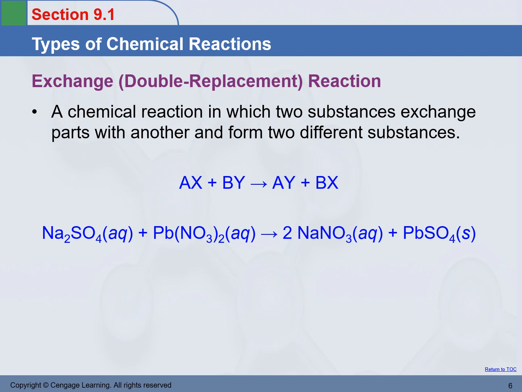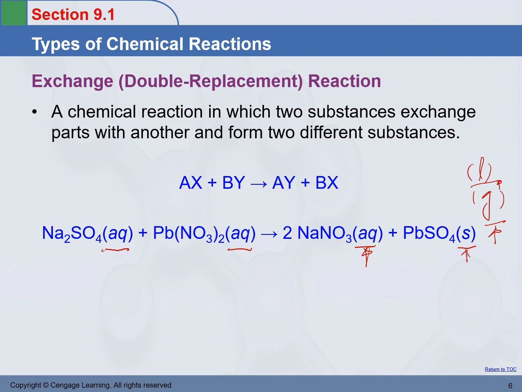Many times when you look at the reactions in this chapter, you may see (aq) in parentheses, (s) in parentheses, sometimes you see (l) in parentheses or (g) in parentheses. Well, l, g, s represent the states of the substance: liquid, gas, solid. (aq) means the reaction is happening in an aqueous solution, in a water-based solution.